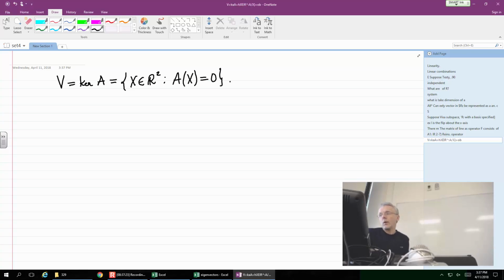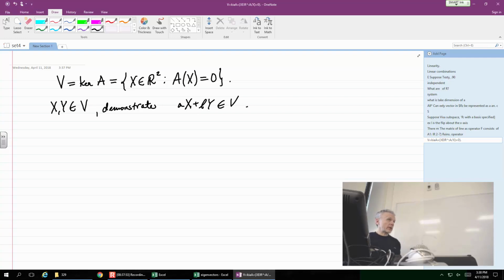Okay. Now remember the definition of a subspace. It preserves linear combinations. So let's take x and y. Suppose x and y belong to V, and now we need to demonstrate that, say, ax plus by also belongs to V. So that's what it means to be a subspace.